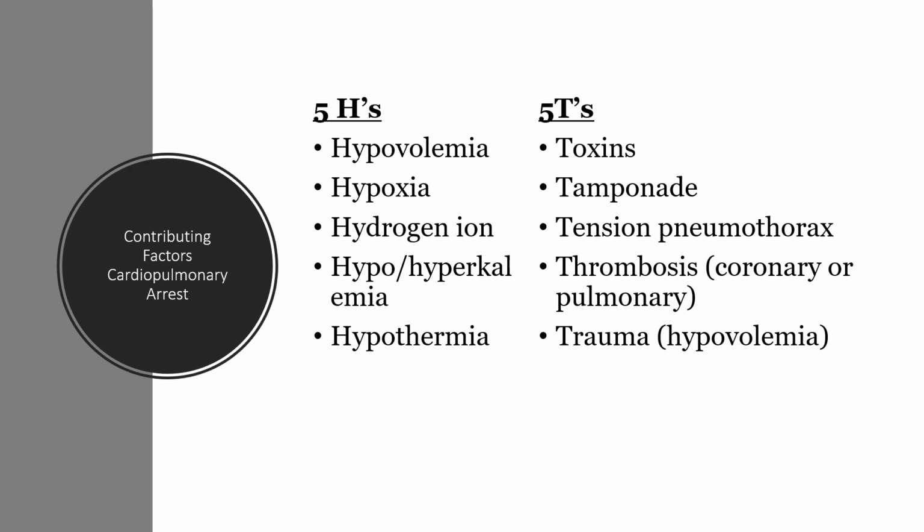The 5 T's: toxins. Anything that gets into the bloodstream that's a toxin can affect the heart muscle. Tamponade. Tamponade has to do with the pressure that's exerted on the heart that can cause the heart to go into this lethal rhythm and not be able to transmit electrical activity. Tension pneumothorax. Again, a pneumothorax is when one of the lungs has been compressed and it's no longer able to inflate and bring oxygen into the body.